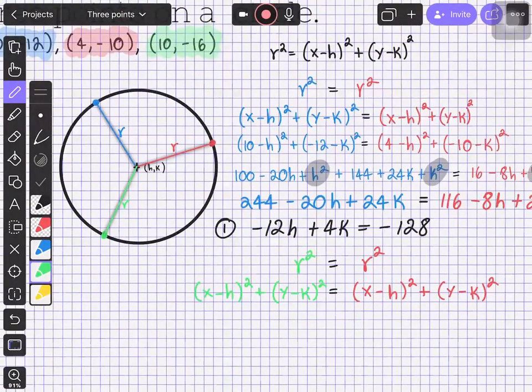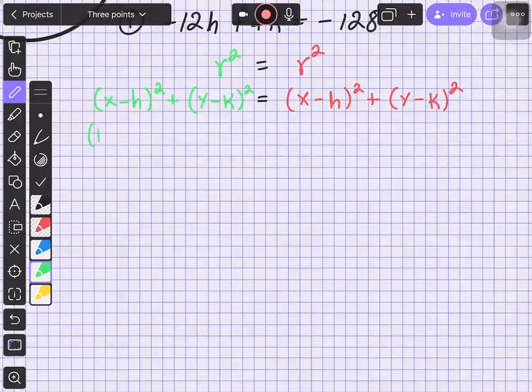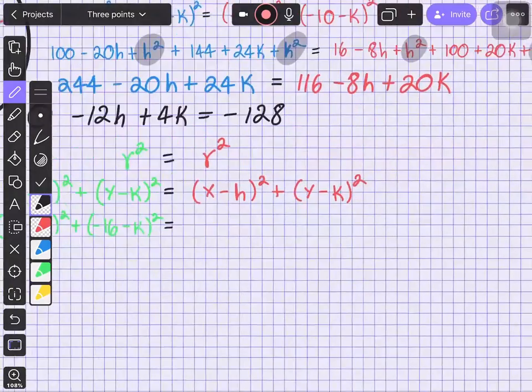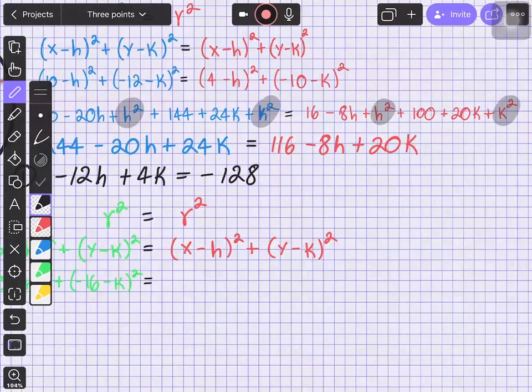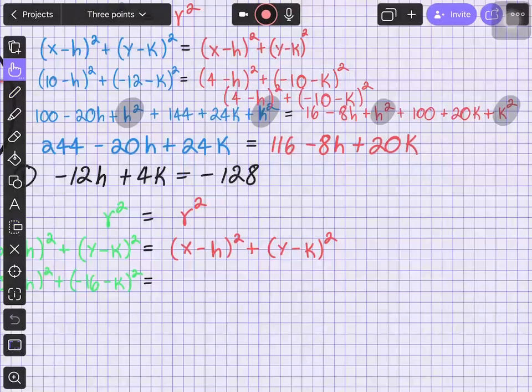Yes, 10 and negative 16. Now this one we already have. It's over here. So we just copy it.